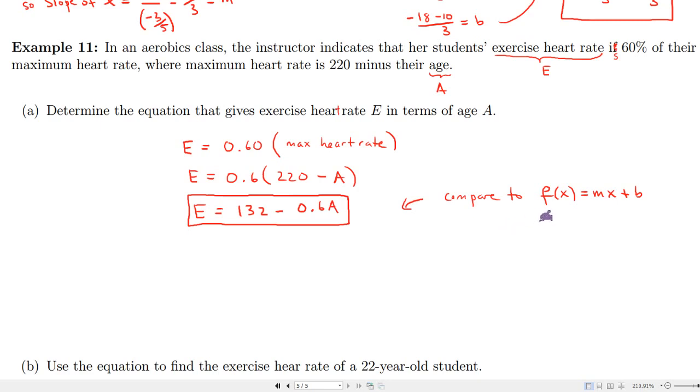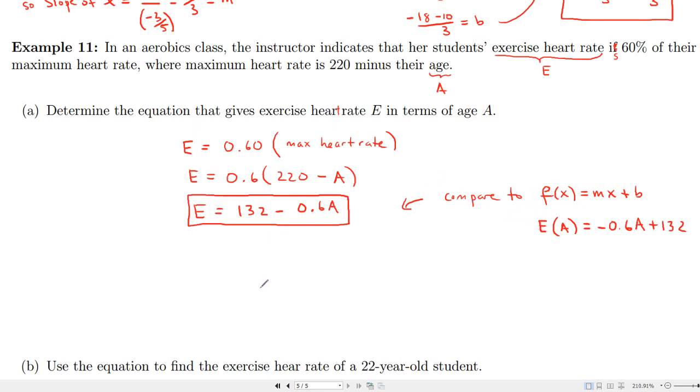So we actually have E, the exercise heart rate, in terms of the age, and that would be this negative 0.6A plus the 132. So just so you could see how this compares, in this case, the variable is the age. The function is the exercise heart rate.